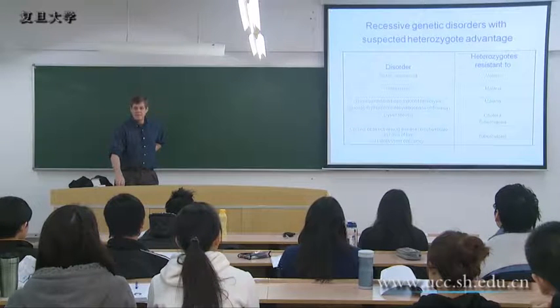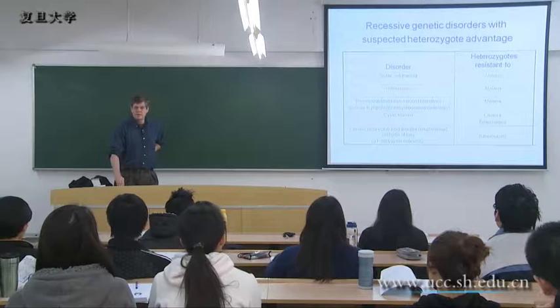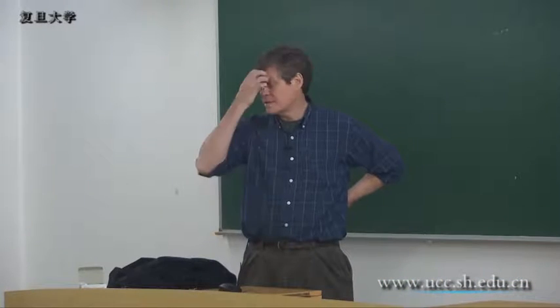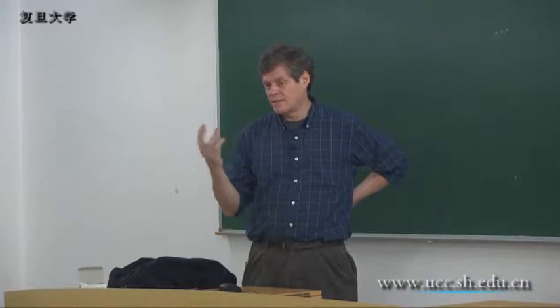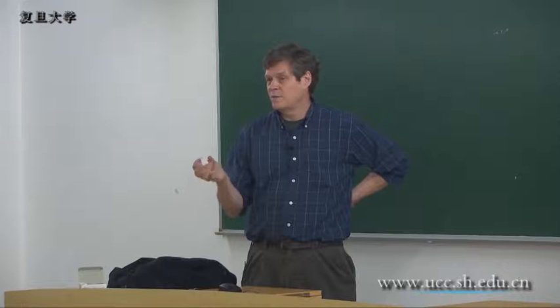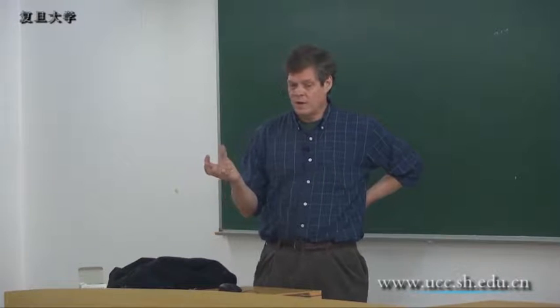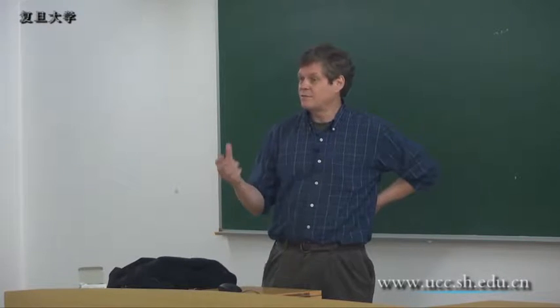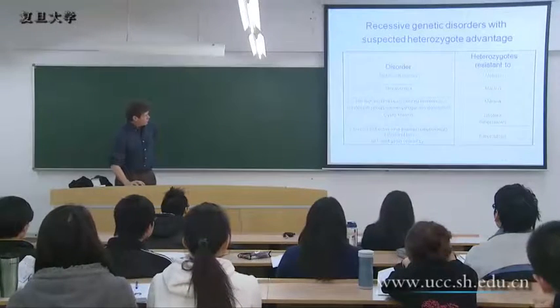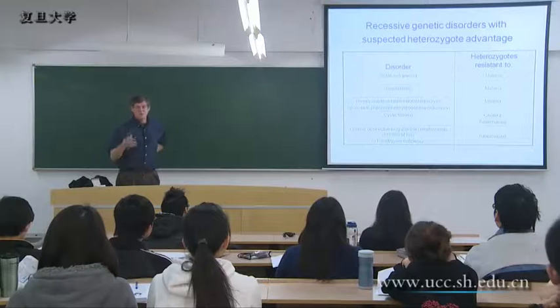And NADPH is required to reduce something called glutathione. And reduced glutathione is a molecule that sops up free radical ions. So it's part of a mechanism for preventing oxidative damage due to free radicals. And so people who are deficient in this are deficient in the glutathione.